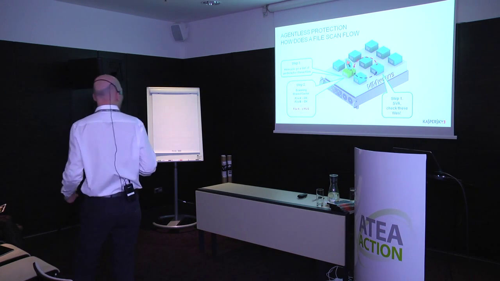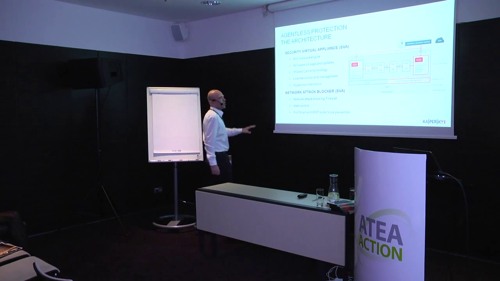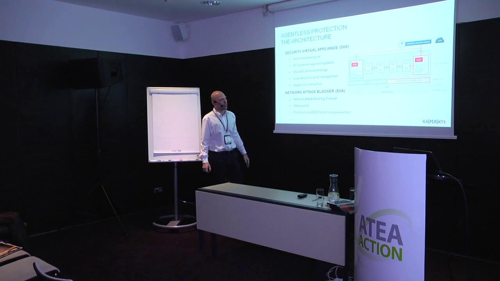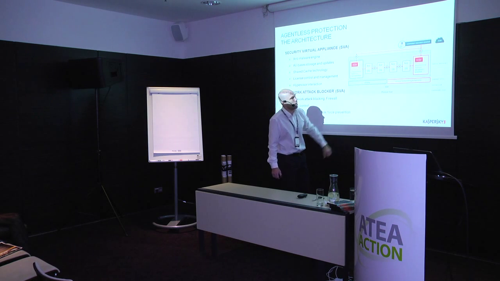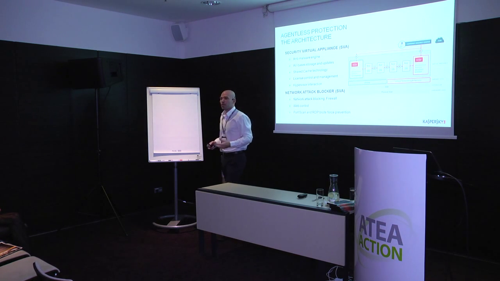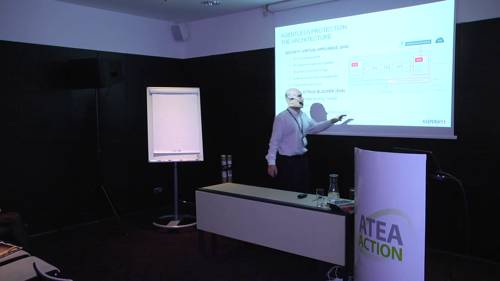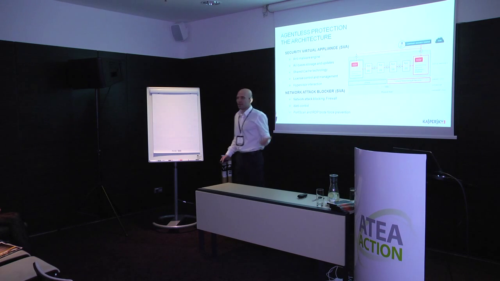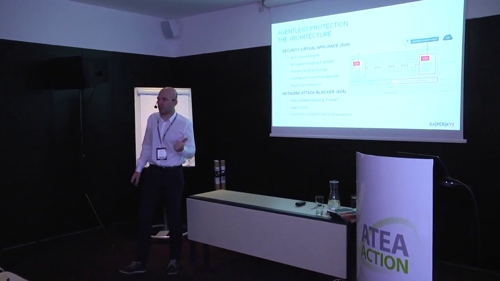I will tell you more about how this solution looks and what the main points are. We have here the security virtual appliance, and when we are talking about networking, we need the vCloud Networking and Security license, because only with that license can we integrate with the hypervisor API.